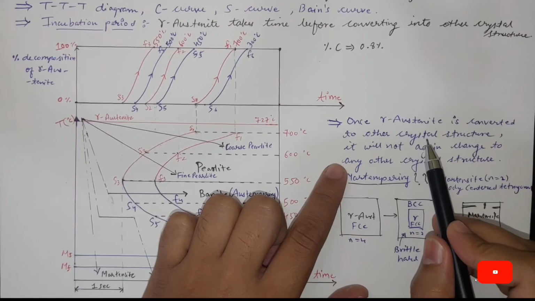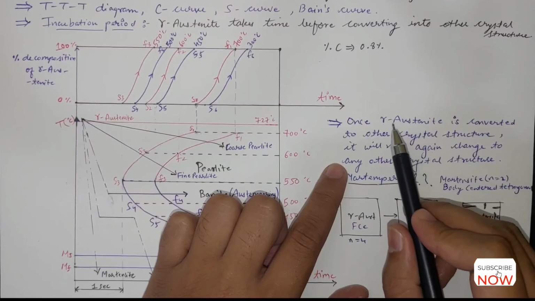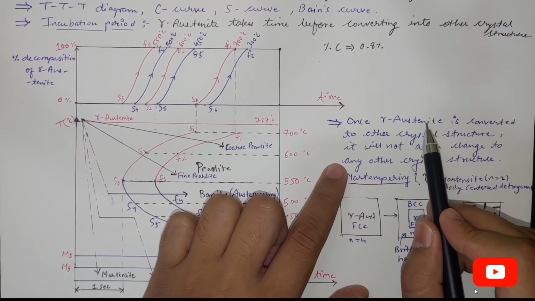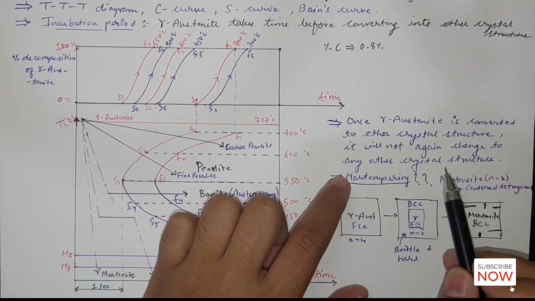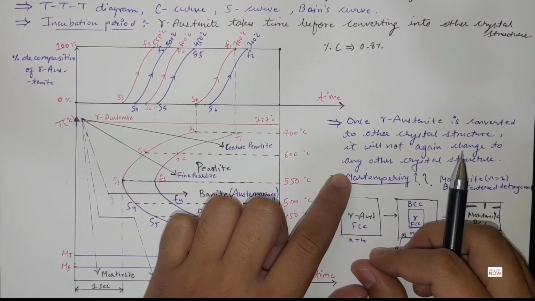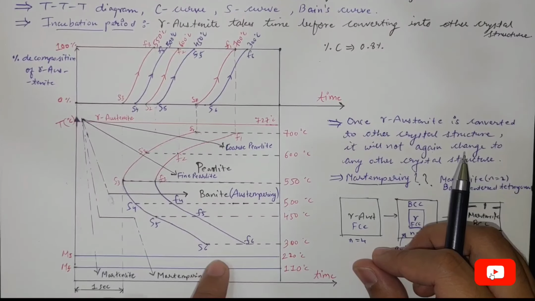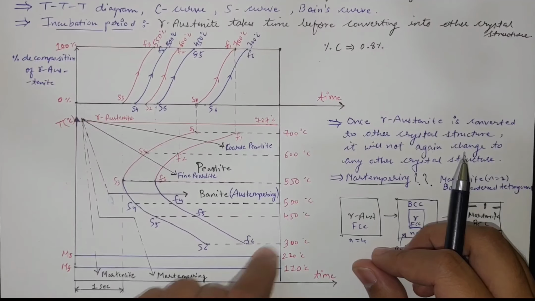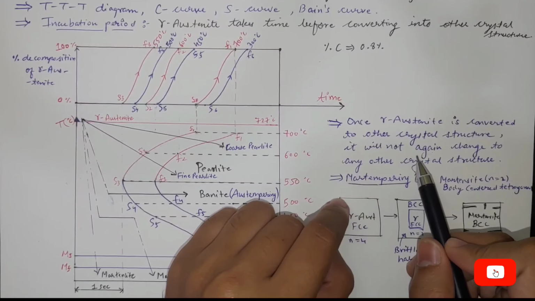Means if pearlite is formed, it will not again change to bainite or martensite. Once the crystal structure is formed and decomposed, it cannot change to any other crystal structure, even if we enter a different zone. Means if we form pearlite and then cool to the martensite zone, it will not change from pearlite to martensite. Once the crystal structure is fixed, it will remain as it is.